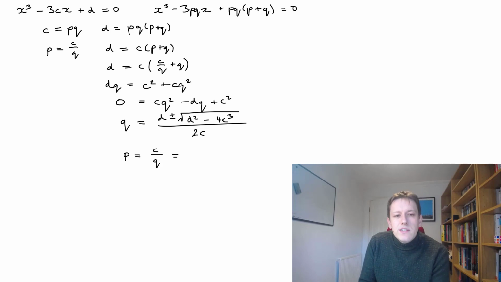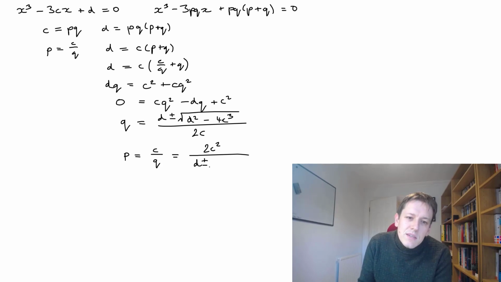But you could also write this as P equals C over Q, and then write that. If I divide by Q, it's like turning this fraction up and down and multiplying it, so I would get 2C squared over D plus or minus the square root of D squared minus 4C cubed.